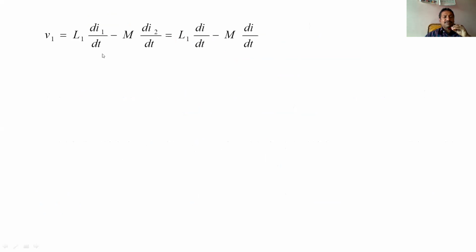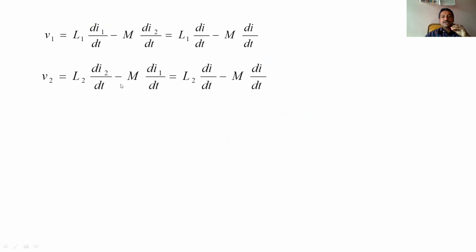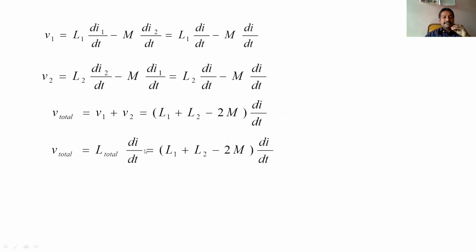See here, L1 di1 by dt minus M into di2 by dt, therefore L1 into di by dt minus M into di by dt. Similarly V2 is L2 into di2 by dt minus M into di1 by dt, minus sign due to series opposing, so L2 into di by dt minus M into di by dt. Therefore V total is equal to V1 plus V2, which is L1 plus L2 minus 2M into di by dt.